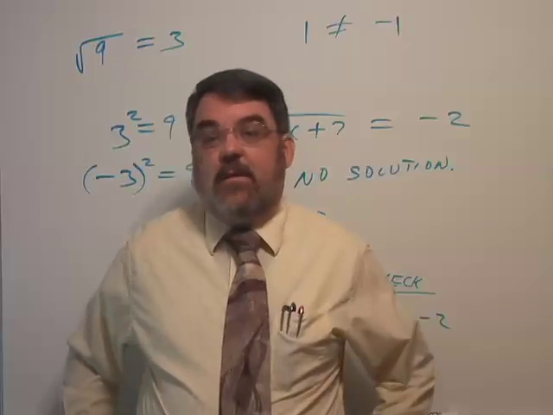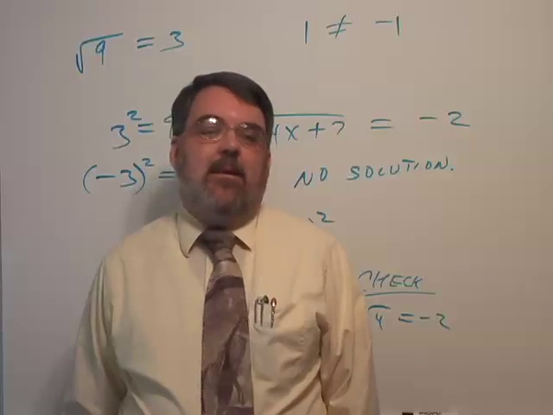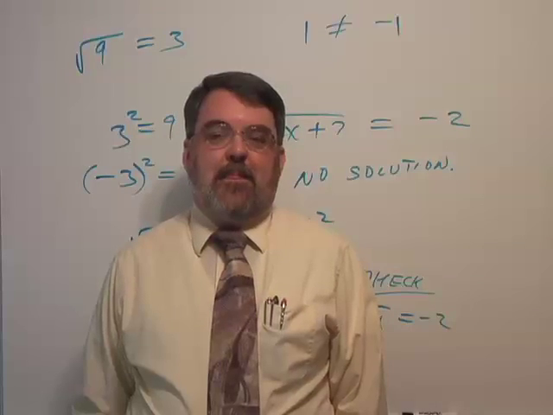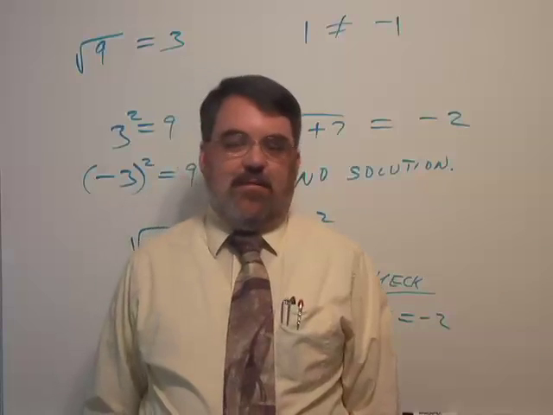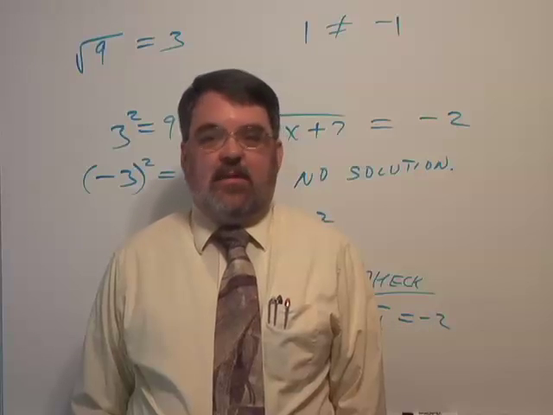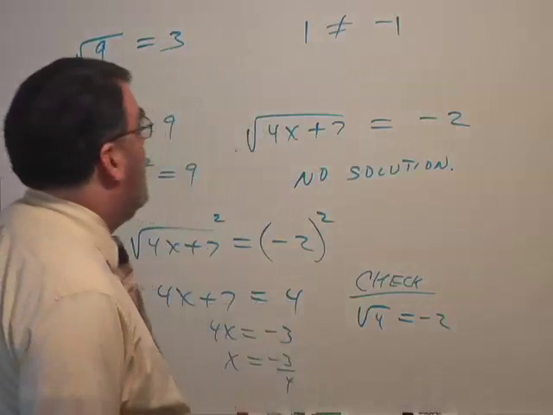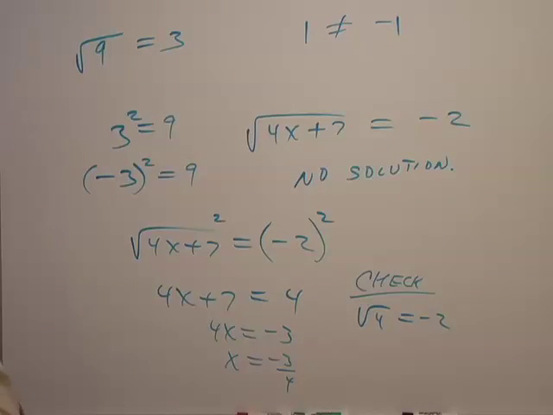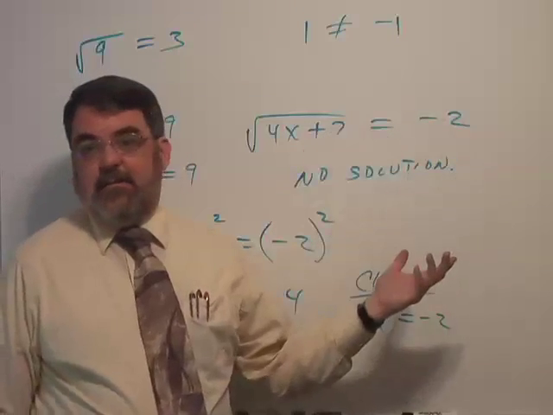Our method for solving these also has a similar potential flaw, so we need to be alert to checking answers to make sure that they work. We'll see this again as we work through this section. But mainly, I want to get across that a square root cannot be negative.